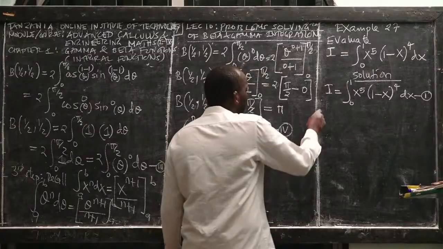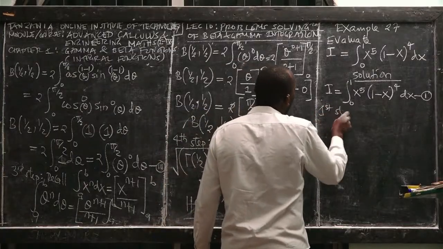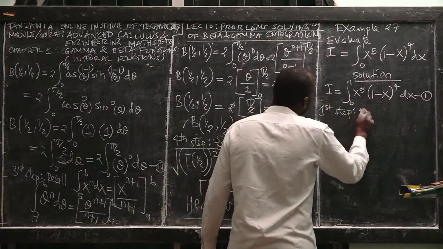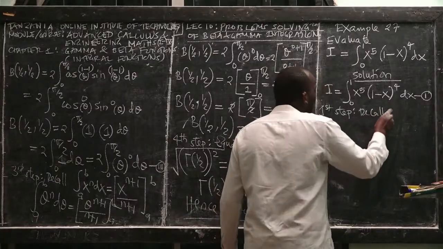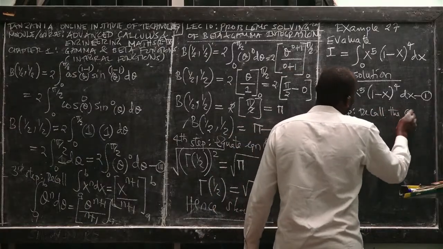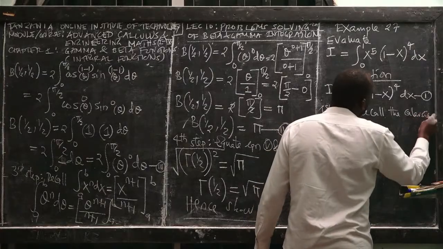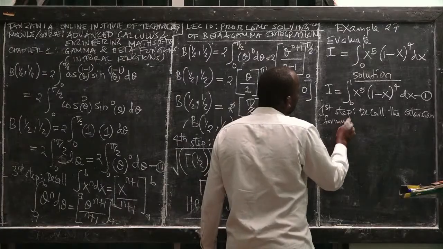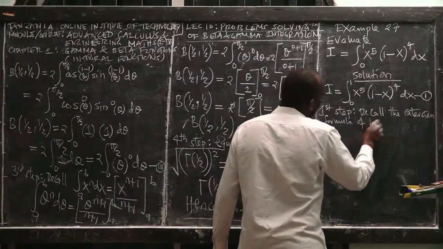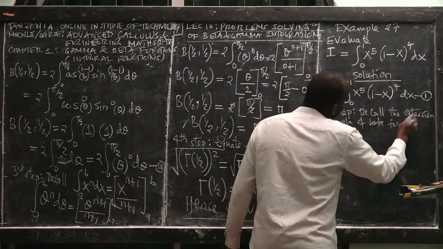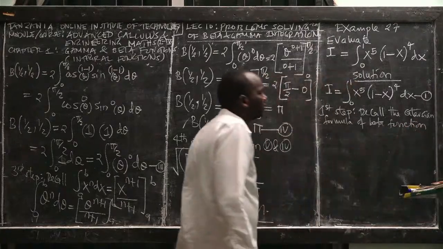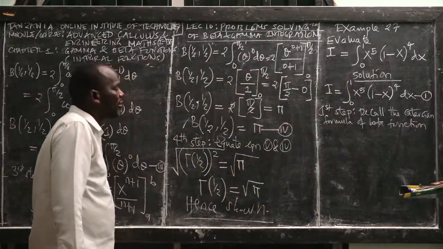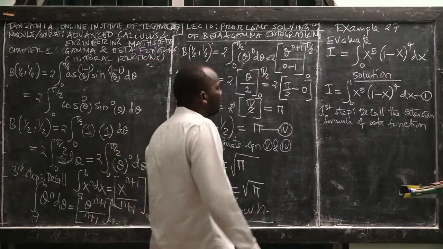Then, the first step: recall the Cartesian formula of beta function.